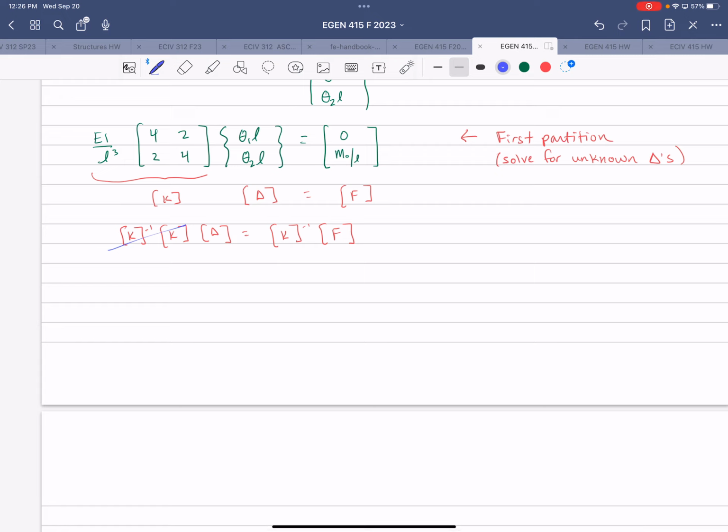And you may recall that for a 2 by 2 matrix, the inverse is really easy to figure out by hand or just in your head.